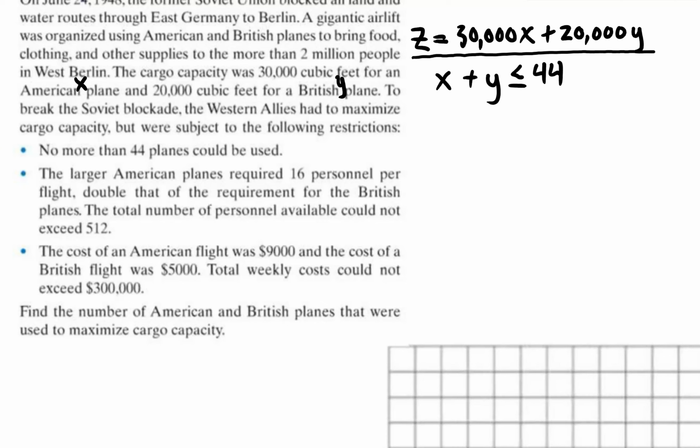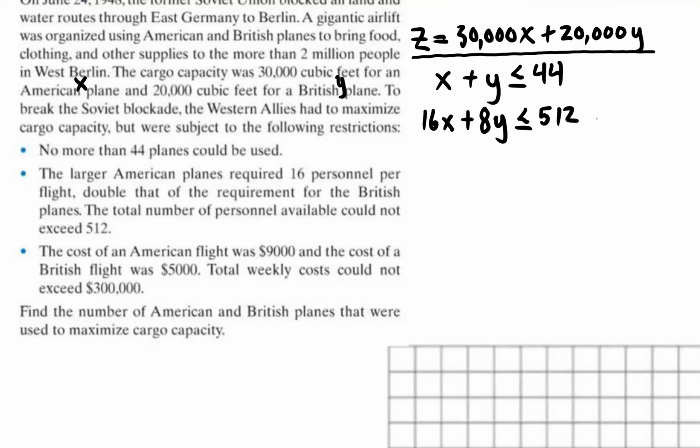Then it says the larger American planes required double the personnel of the British planes, 16 personnel. The total number of personnel available could not exceed 512. So that means 16x plus, since the Americans were double the requirement for the British, 8y, and altogether that could not exceed 512.